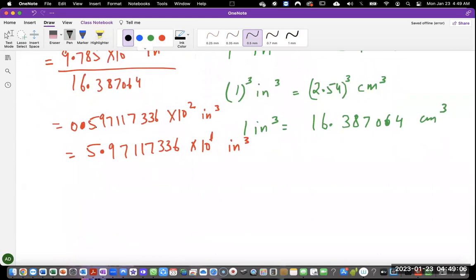So the 4 that I keep are the first 4, and all of the remaining numbers need to be dropped. So this becomes 5.971. The first number you're dropping is 1, so you don't have to increase the previous number. So this is going to be the final answer.